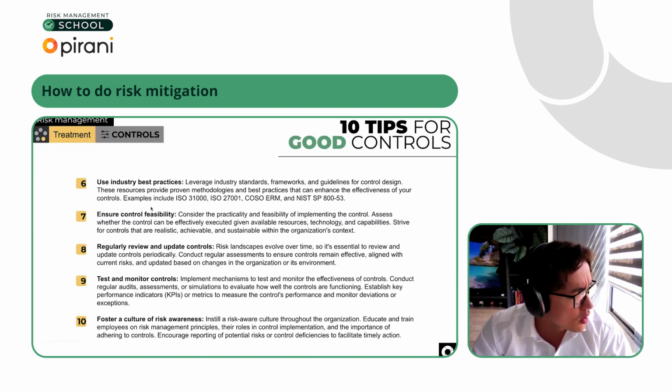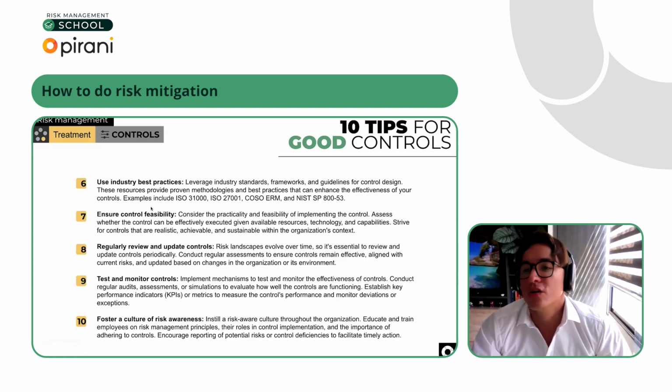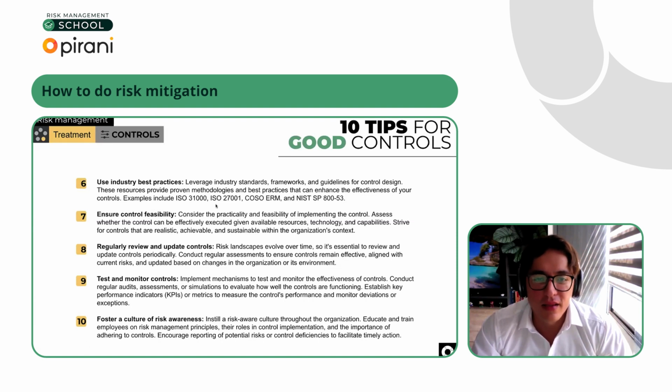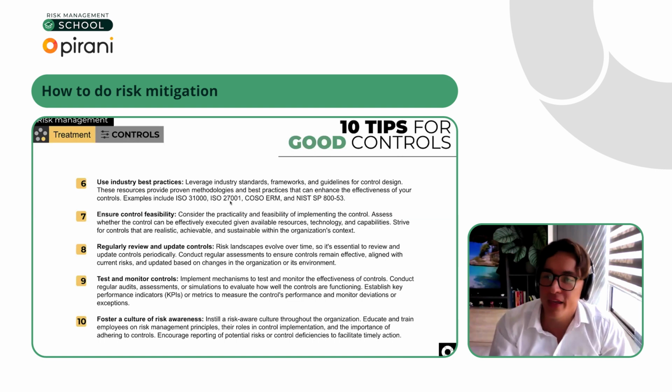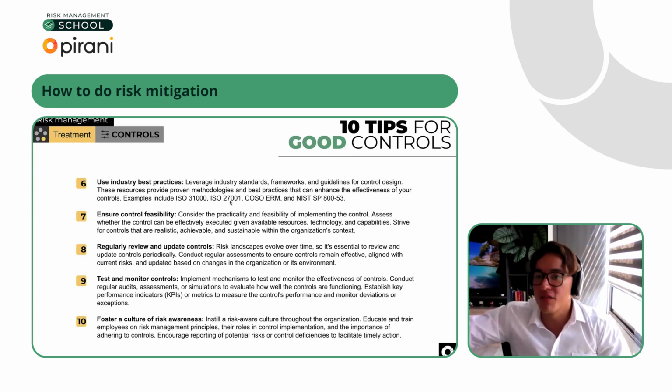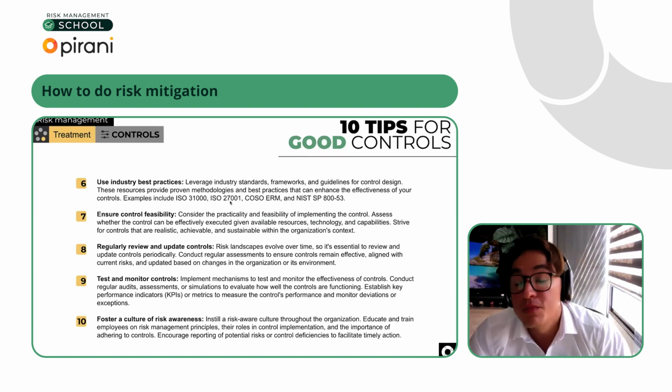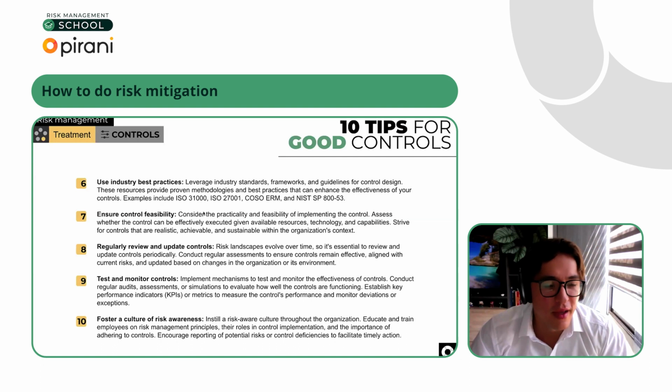For instance, if you're working with the ISO 27001, or with information security best practices, the ISO has a specific list of controls that you can apply, so you don't have to reinvent the wheel. They give you a list of 92 controls that you can implement in your company. That is very, very useful.